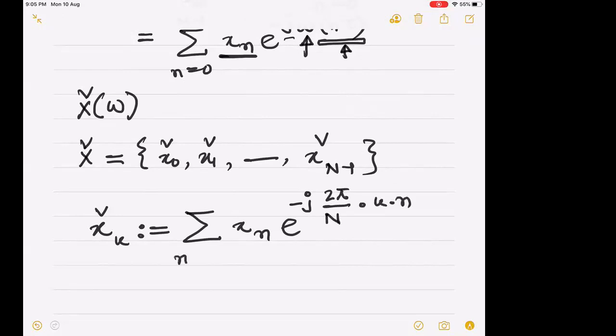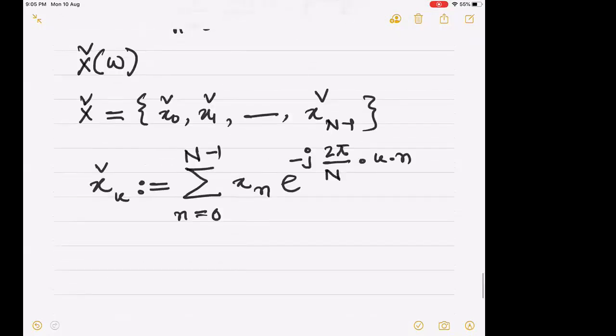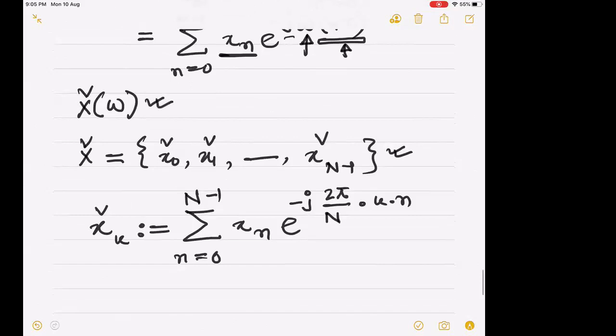If X check is defined like this, then if I know this X check k, I actually know all of this, because from here I will be able to find out xn.